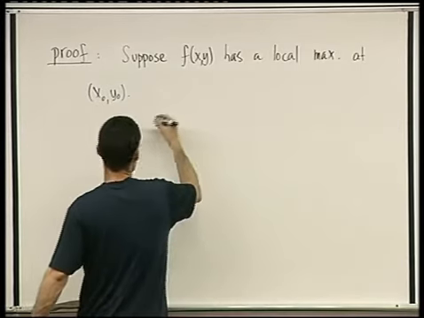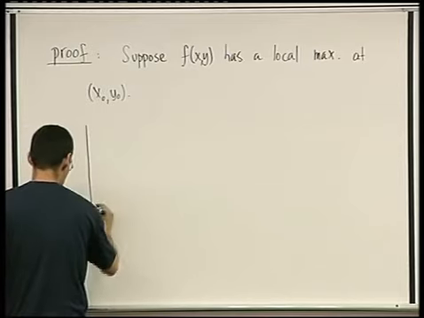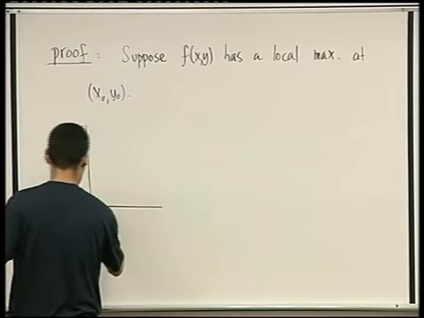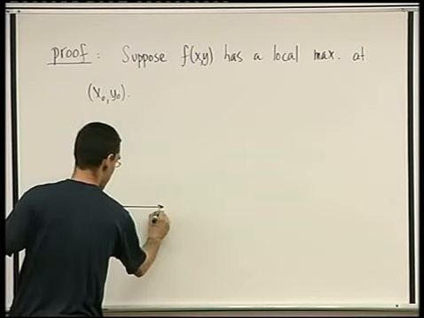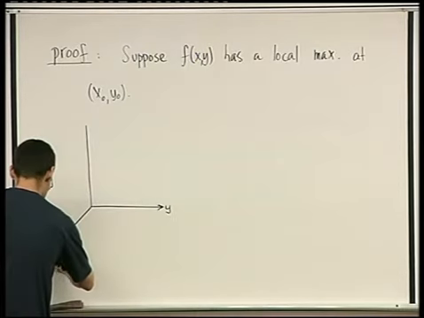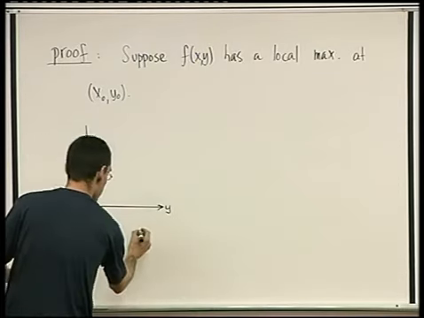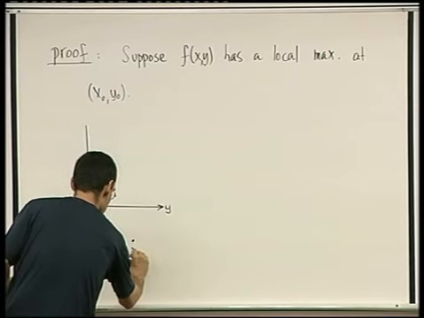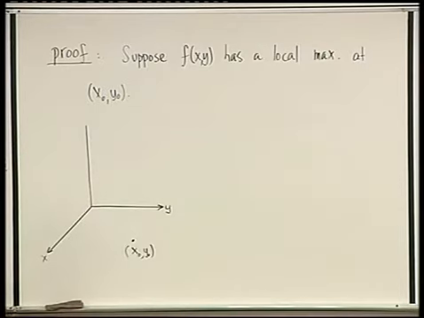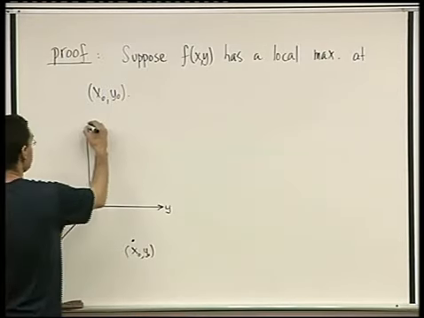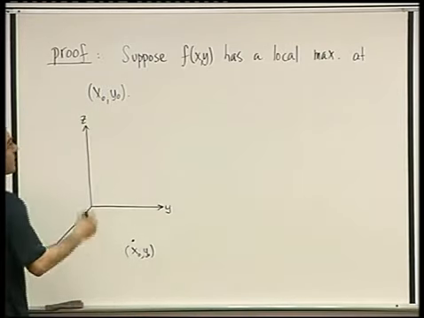So let's draw the arguments over here on the side. Here's three-dimensional space. This is the y-axis, this is the x-axis, and here's this point, x0, y0. It's a point in the domain where the function has a local maximum.